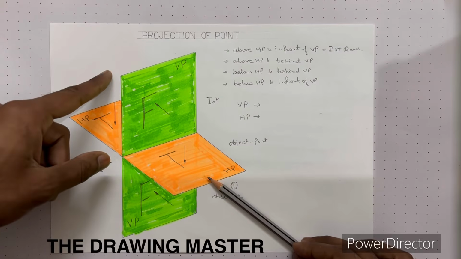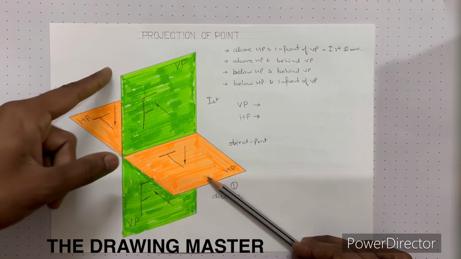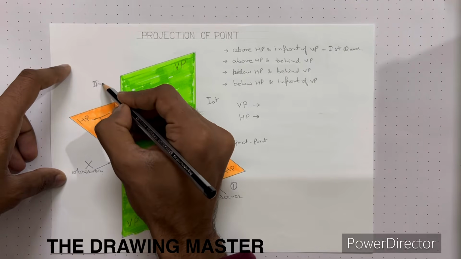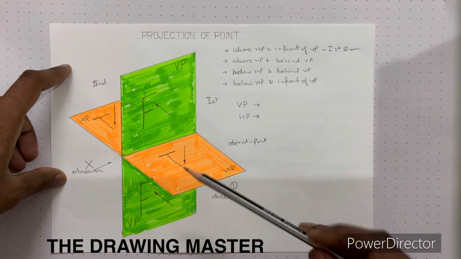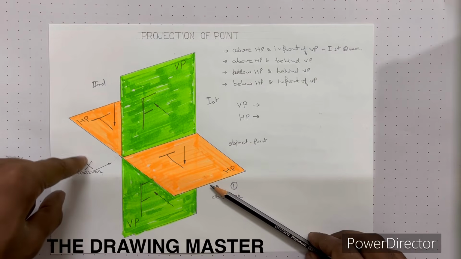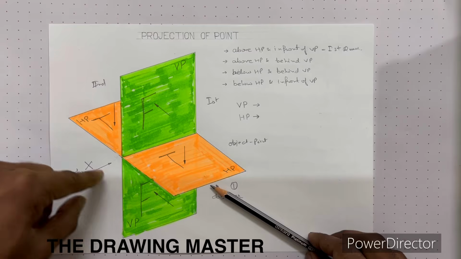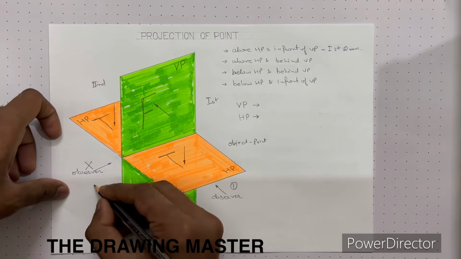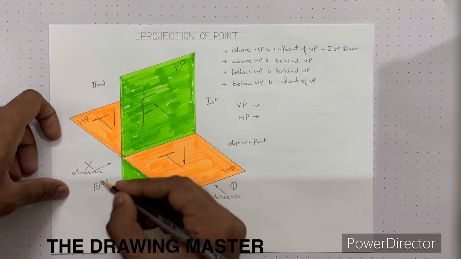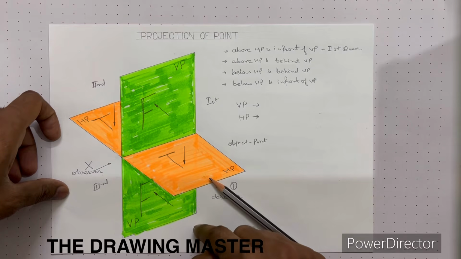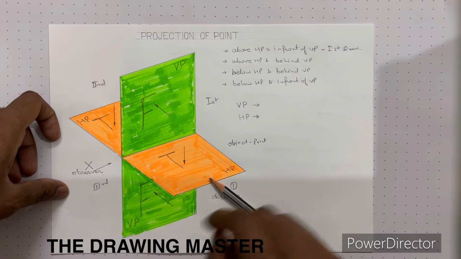So behind VP and above HP, this one is second quadrant. Third one is below HP and behind VP. Below HP and behind VP is third quadrant. And fourth quadrant is below HP and in front of VP.